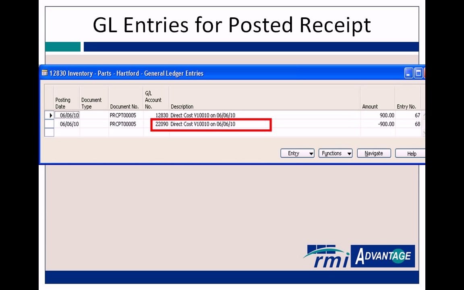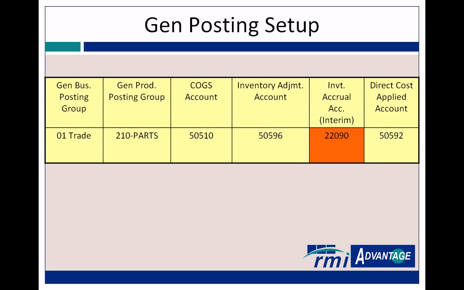That was the debit in this entry, and the credit of this entry is here. It's our 2290 account. And if you recall from earlier, this is taking a look at our general posting setup. It's taking a look at that inventory accrual account interim that I have highlighted here.